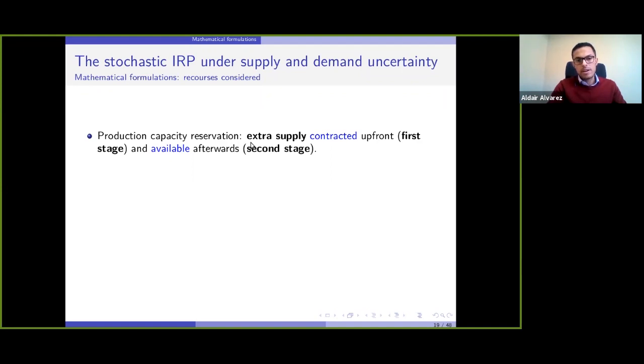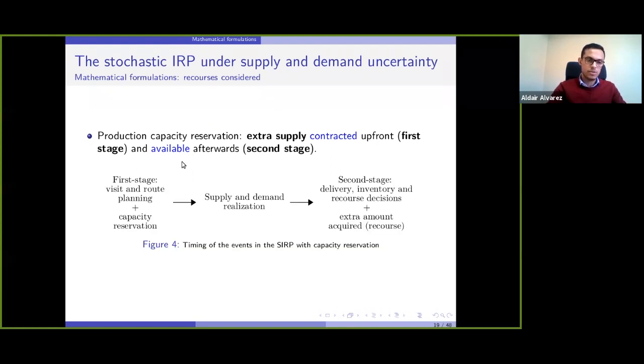The supplier has the possibility of contracting some extra amount in the first stage. So that's a first-stage decision, contracting a certain amount that will be available when required in the second stage. So that's the recourse.